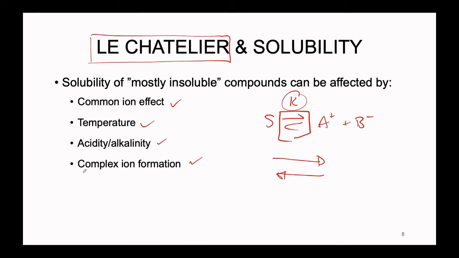So we already know what a complex ion is. We've talked about this in lab a couple of times. These are the types of ions that are not just simple form, but they're polyatomic ions, normally containing some type of metal in the center. They're surrounded by some number of what we call ligands.